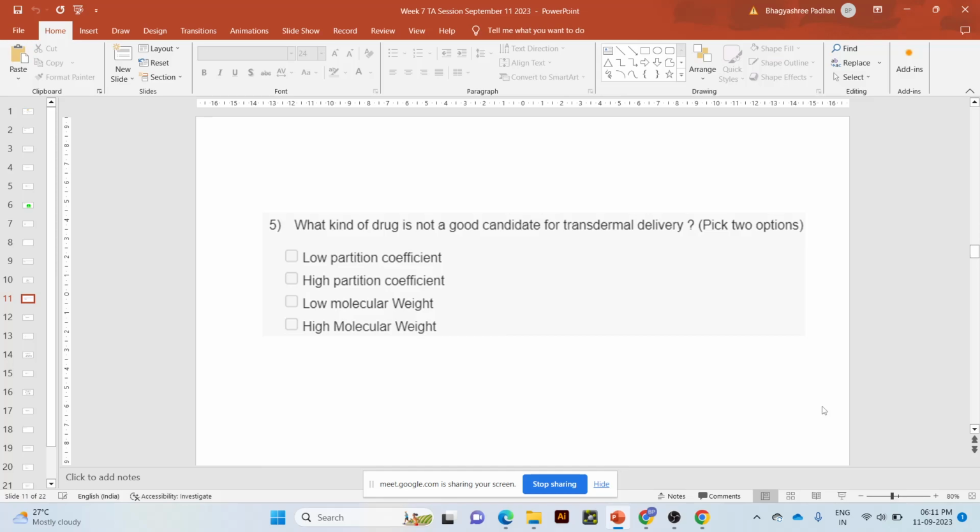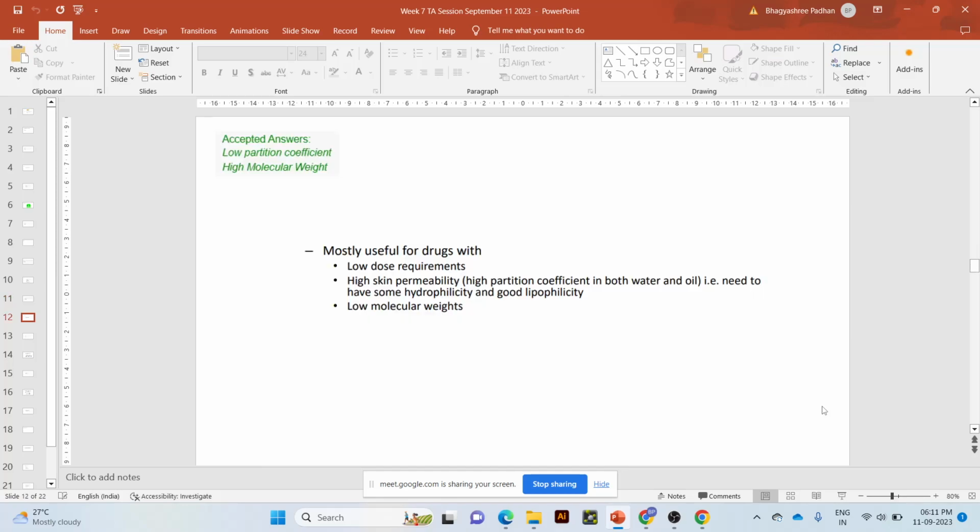Yes, the correct answer is low partition coefficient and high molecular weight.